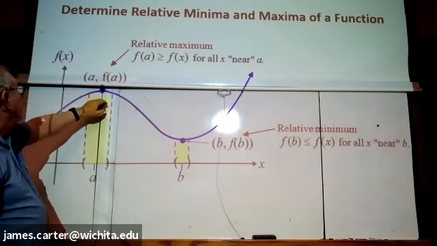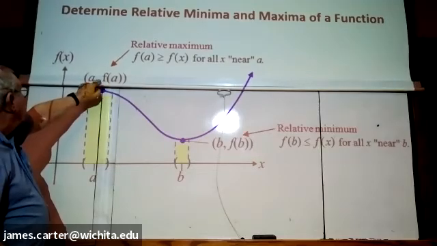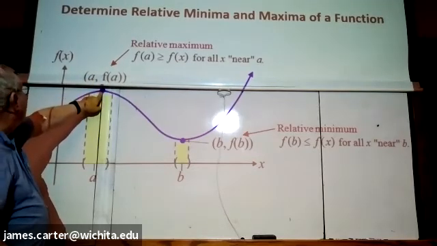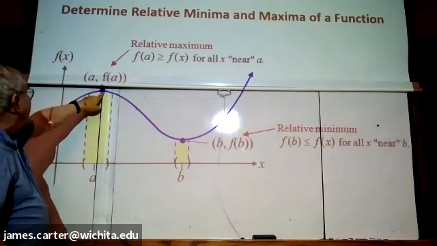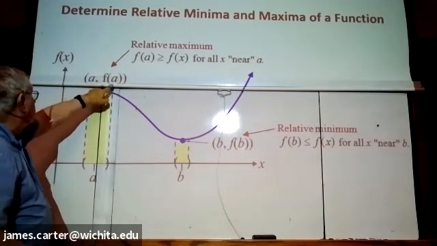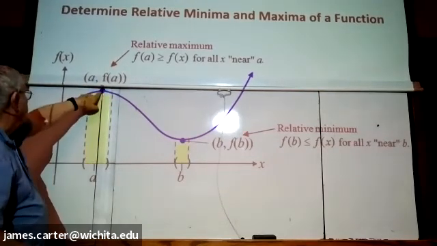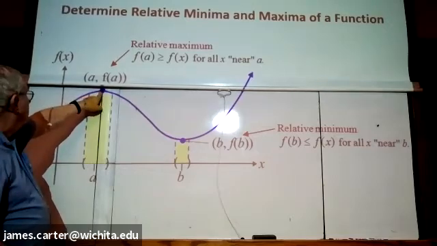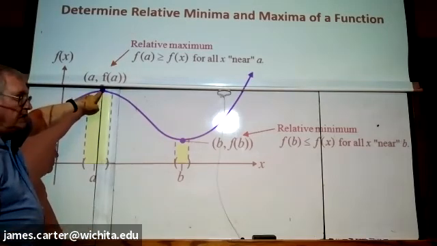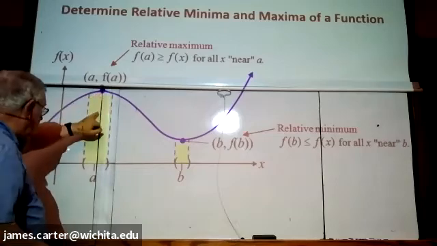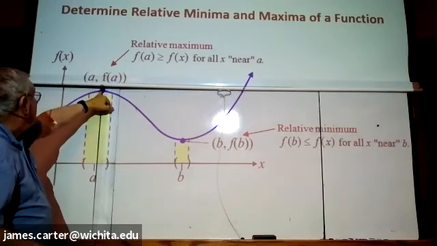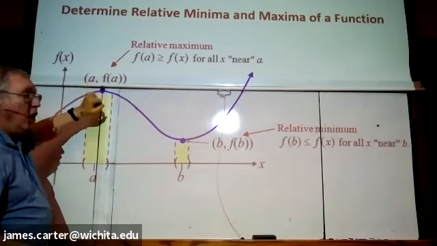Okay, now you can list this as the XY point and say a relative maximum at the point, let's call this 1, 6 fictitiously, or you could say the relative maximum is 6 at x equals 1.